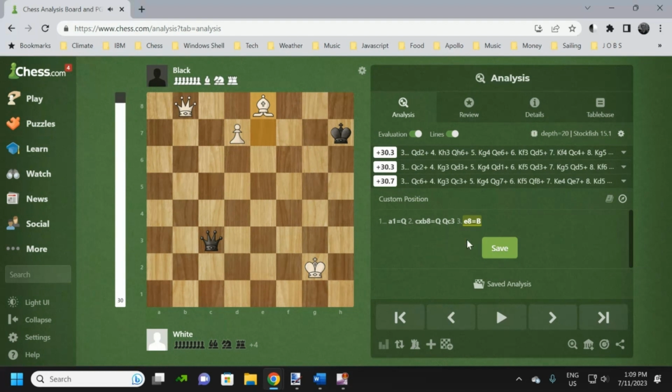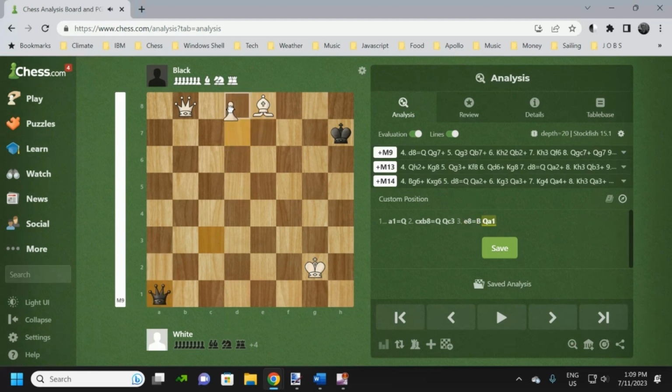So you see the designation is E8 equals B for bishop. And again, if black plays another foolish move, we can promote our remaining pawn. I say we, I mean white can. And we'll promote that one to a knight, because why not? And the notation is D8 equals N.